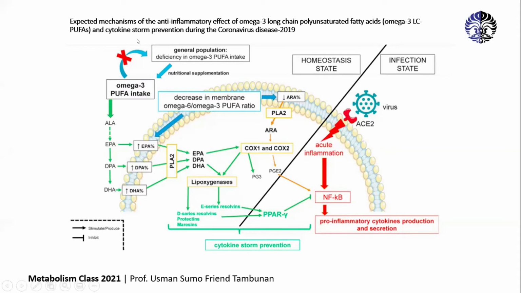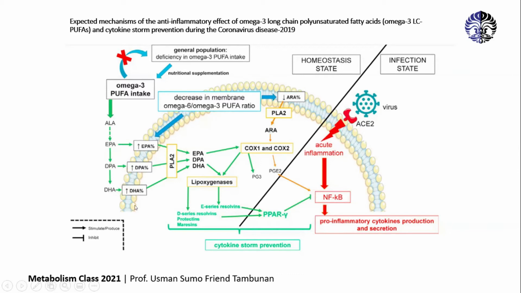So when we have a supplement of omega-3, alpha-linolenic acid will be metabolized into eicosapentaenoic acid, docosapentaenoic acid, and docosahexaenoic acid.